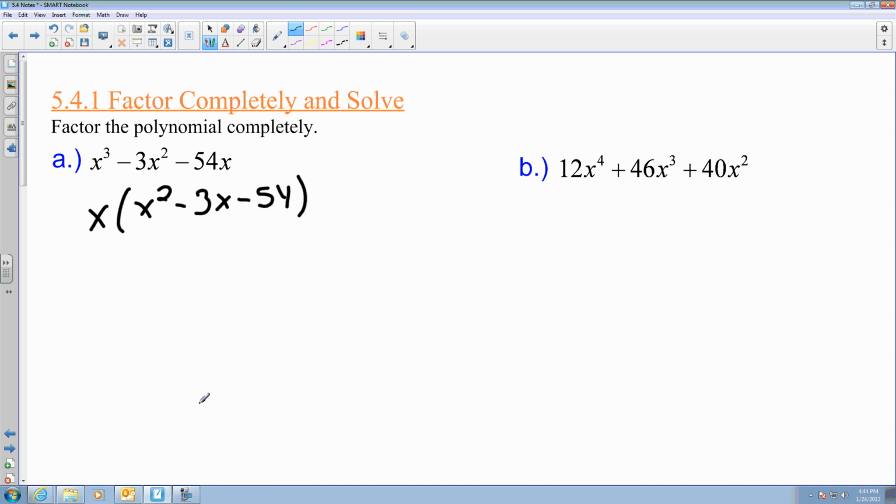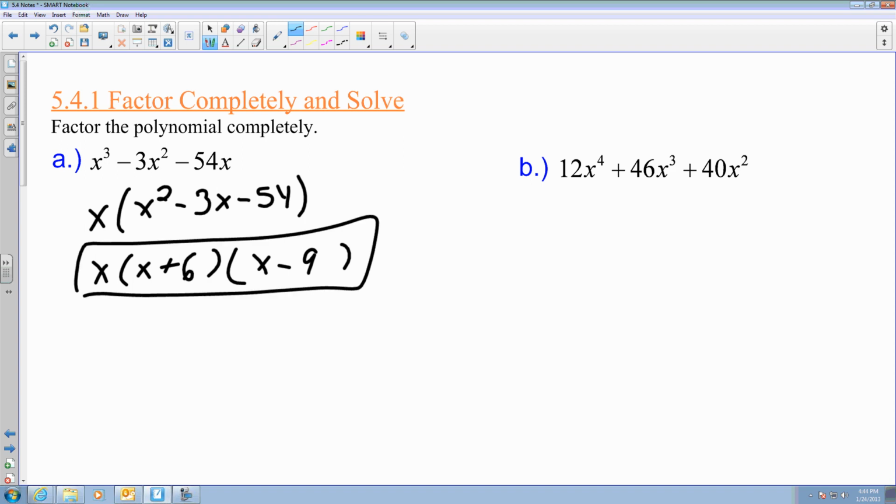I can just use a common trinomial approach, so I go reverse FOIL: parentheses, parentheses, x and x. The negative 54 means they're going to be different signs. The negative 3 tells me that the larger one is attached to the minus, and it is 9 and 6 for this particular one. Okay, that's not so bad.